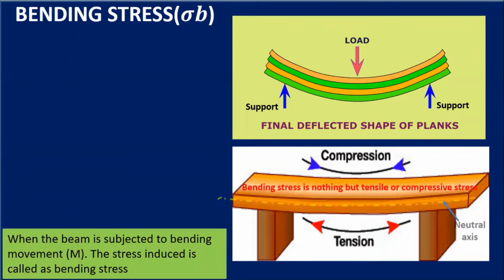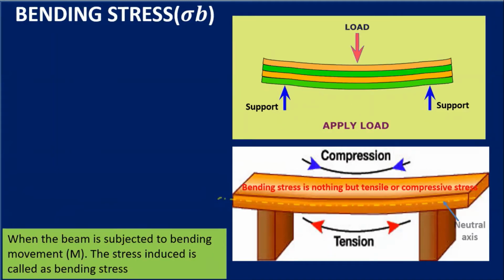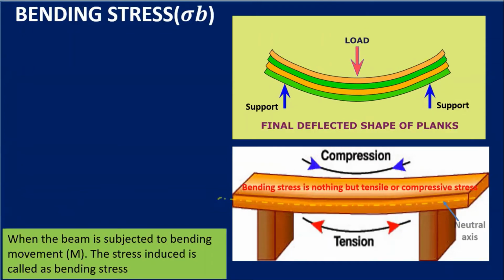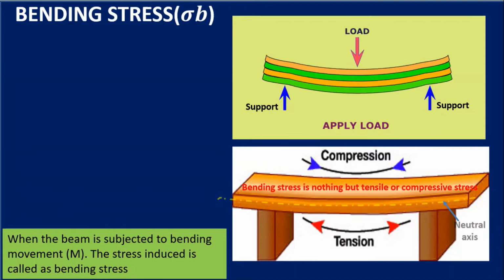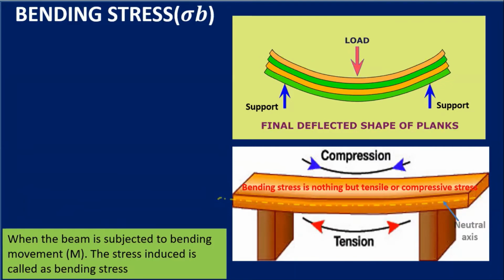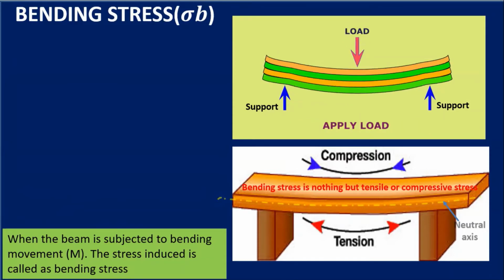Now, in the case of bending stress, the stresses generated will be tensile or compressive stress. So we can say that when the beam is subjected to a bending moment M, then the stress induced is called a bending stress.